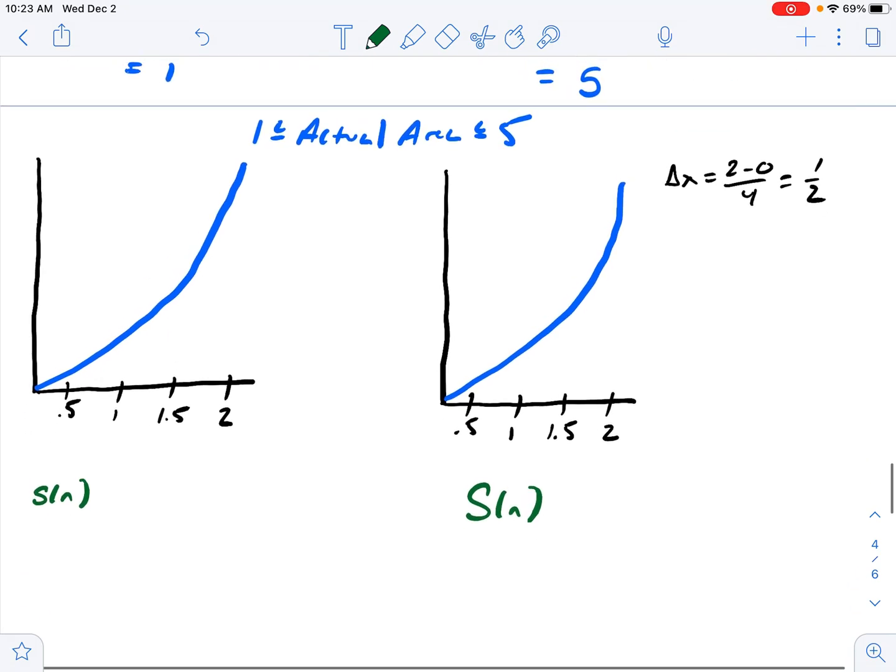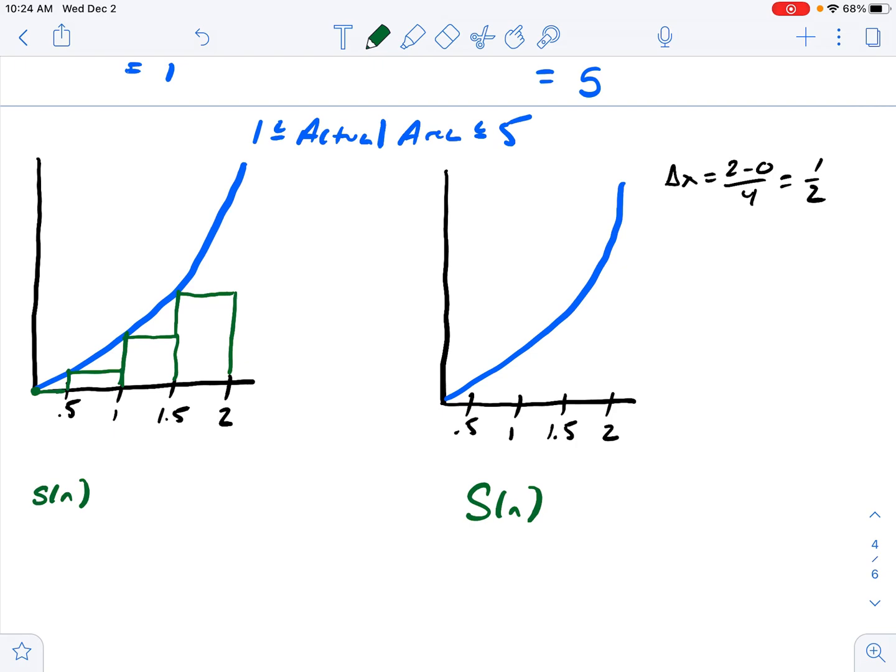Okay, let's set up for the lower sums here. On the first interval, the lower height is at 0, so there's my first rectangle. On the interval 1/2 to 1, I'm going to go up at 1/2. That'll define the height of that rectangle. On 1, 1.5, it'll look like this. And finally, it'll look like that.